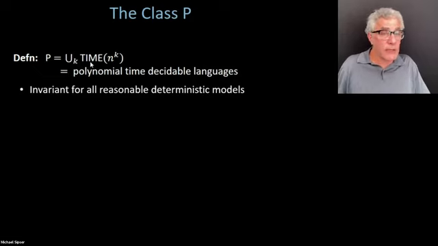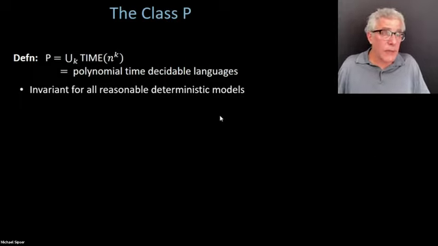Here, the class P does not depend on the choice of reasonable deterministic model. And even in computability theory, we have to stick with reasonable models that cannot do an infinite amount of work in one step. I'm not going to define what it means to be reasonable, and that's in a sense an informal notion, but among all of those reasonable models, you're going to get the same class P.